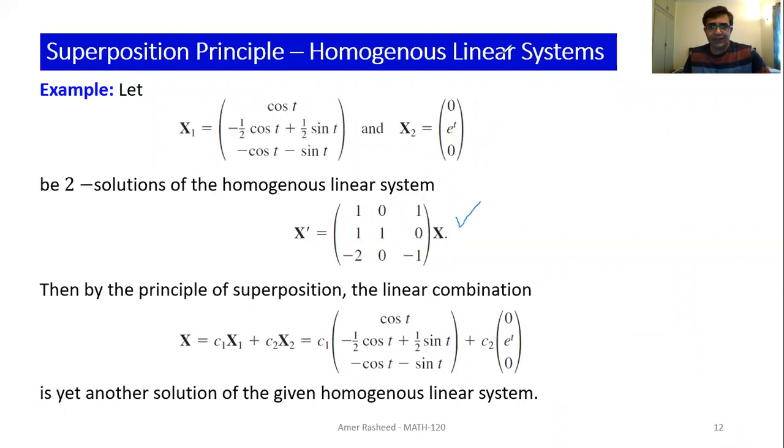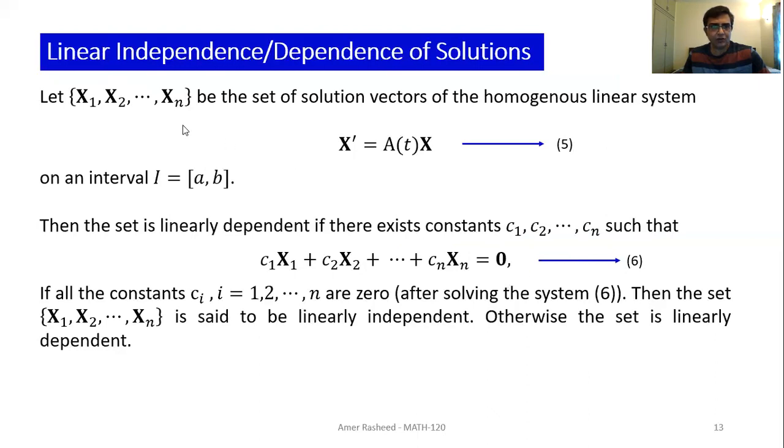Now, next one, I hope you get this. If you have any question, otherwise we are going to the next slide, slide number 13. What is the linear independence and dependence of these solutions? I told you if we have a linear system of n differential equations, then it will have n solutions, x1, x2, xn.